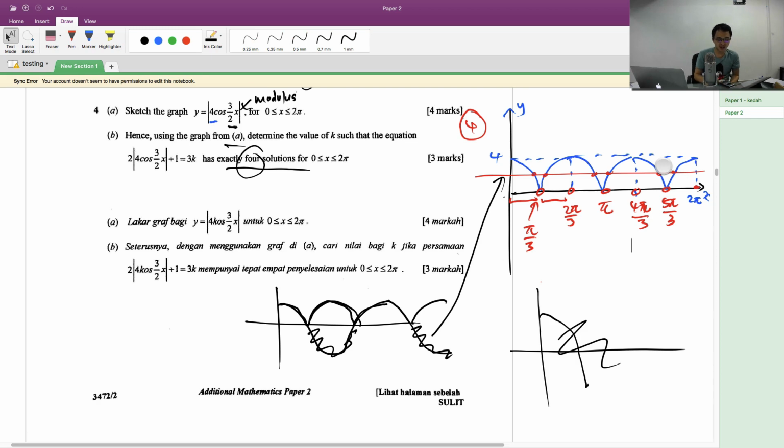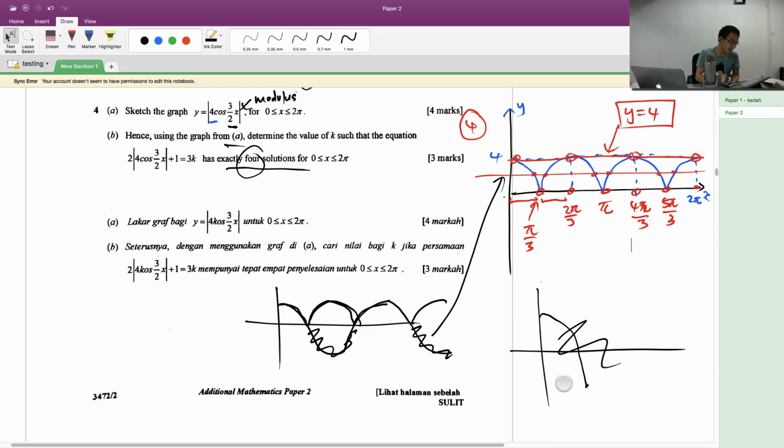It's not possible to touch 4 if my line looks like this. So the only way you can touch 4 is by passing through all the maximums here. 1, 2, 3, 4. Even on the x-axis you touch 5 points. So 4 means you have to touch the maximum. So what is this straight line called? This straight line is basically called y equals 4.